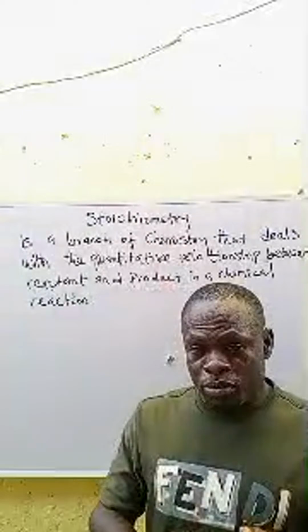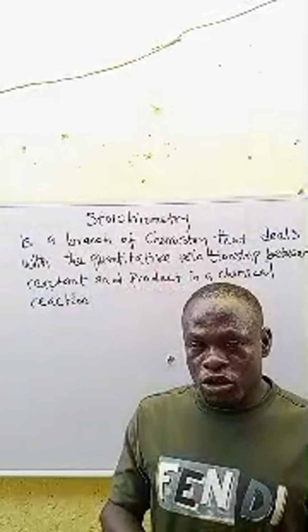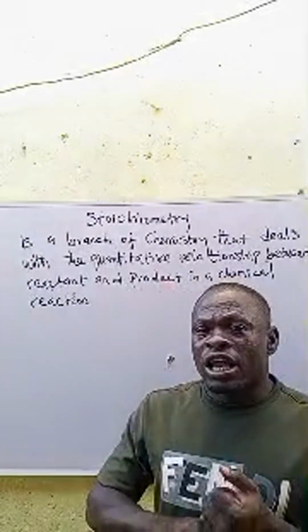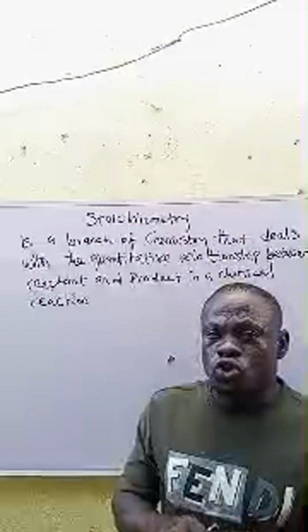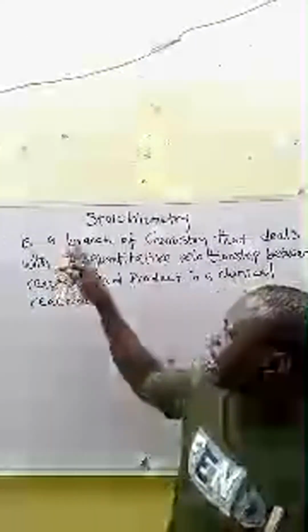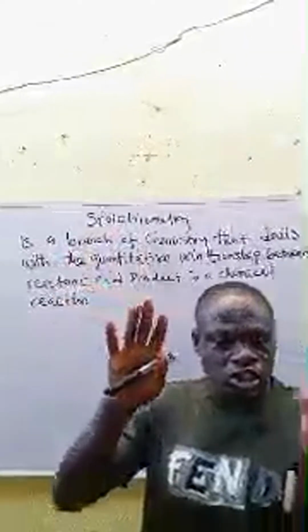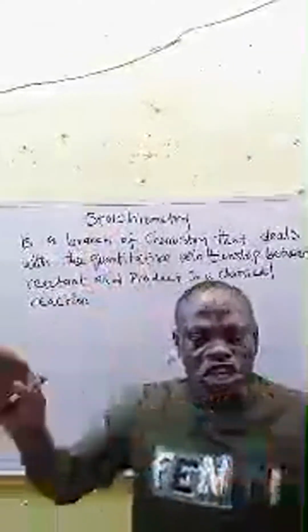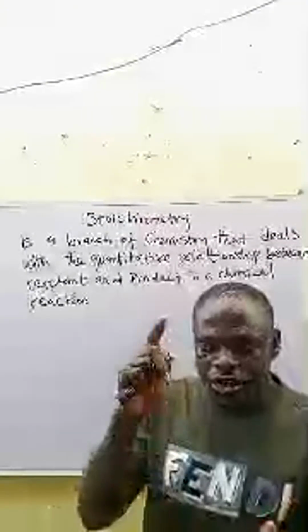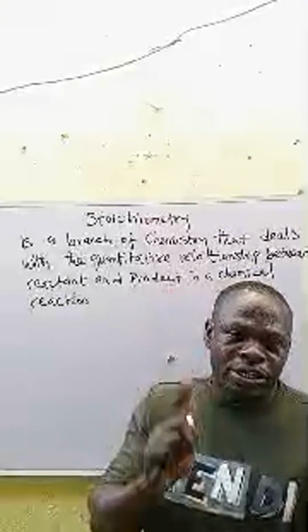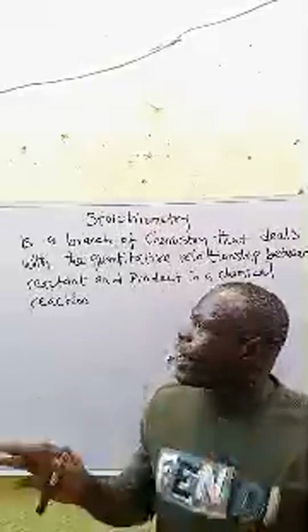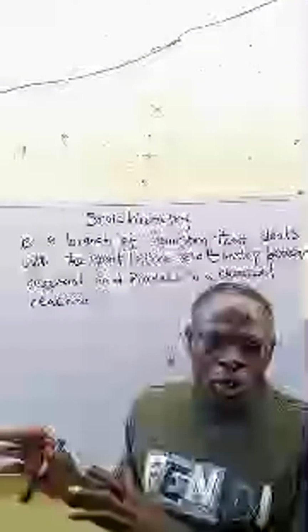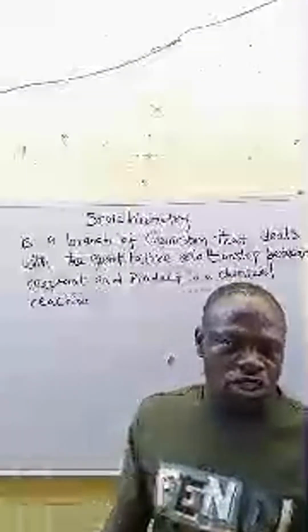The relationship involves mole, mass, and volume, and also we are going to look at limiting reagent and percentage yield. By the time you understand this concept, you have finished everything that concerns stoichiometry, and we are going to look at the various ways you can tackle problems when you see them.